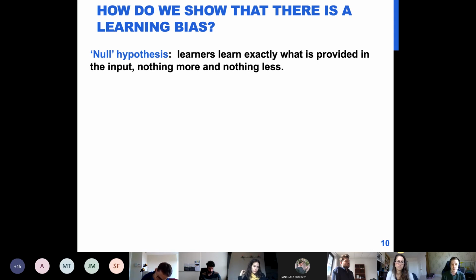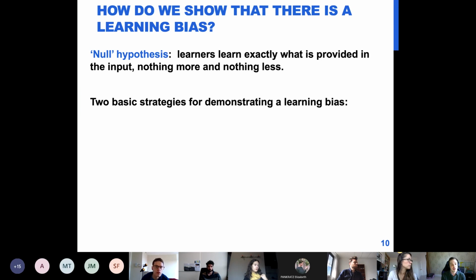So in the event that that doesn't happen, so you give some kind of input in an experiment and people don't learn what's in that input, then we can say that there's a learning bias. Based on this, there are at least two basic strategies for demonstrating that you have some kind of bias.